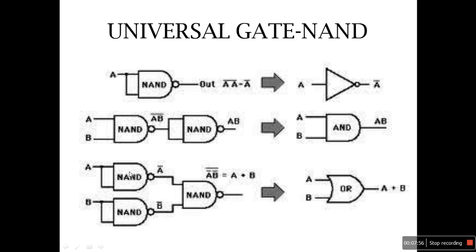For the OR gate, we connect NAND gates with only one input each, as we just saw, we get A bar and B bar. A bar and B bar again connected to a NAND gate give the output A plus B, which is nothing but the OR gate.